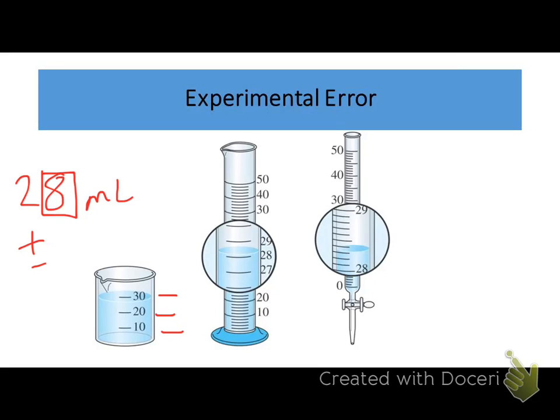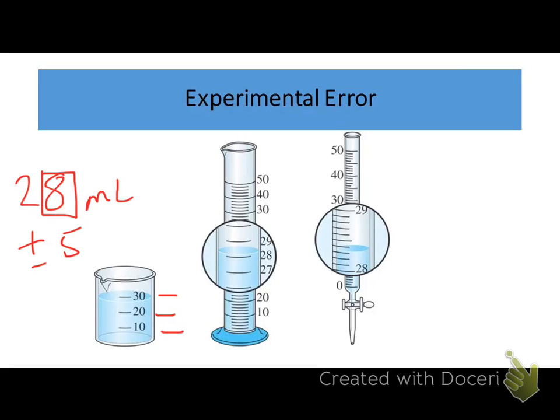Alright, since it's going up by tens, 10, 20, 30, we're going to take half of that. So half of 10 is 5. So that means my random error is going to be plus or minus 5. Alright, so my answer is 28 plus or minus 5 milliliters. So it's 5 up from 28 or 5 down from 28.